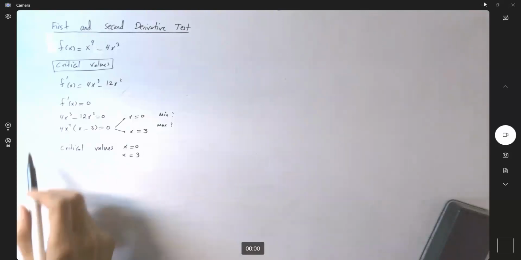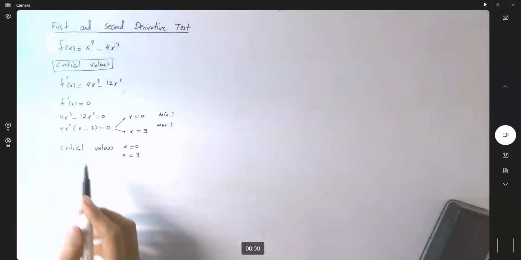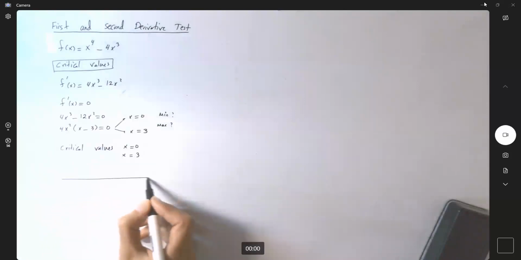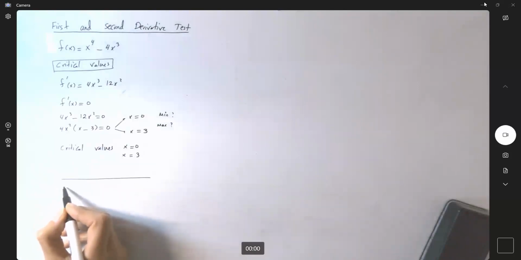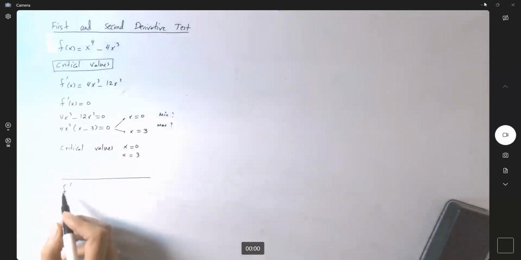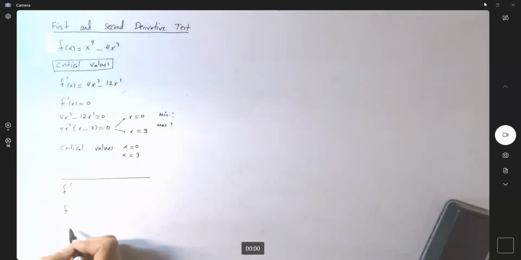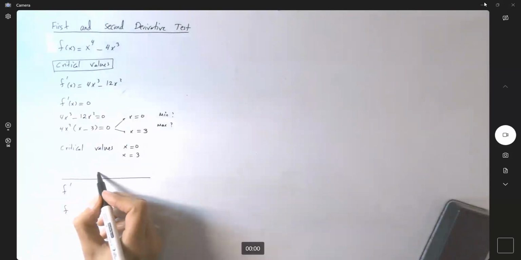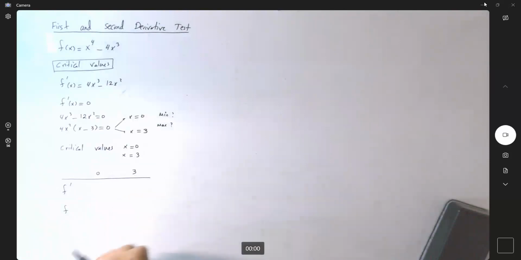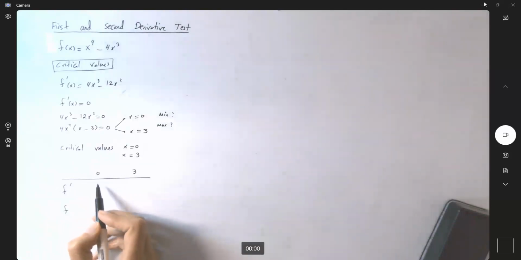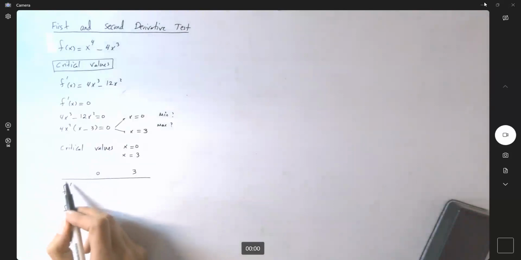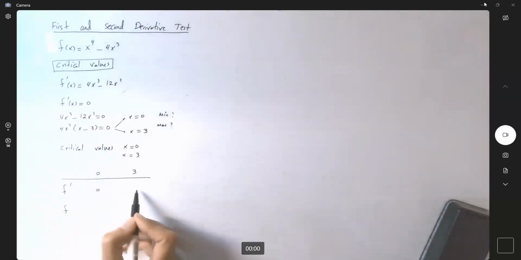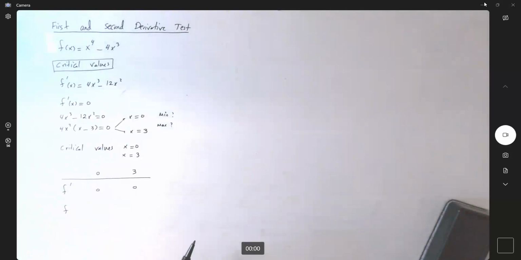Well, we can take a look at the first derivative sign. See that here? This is my f prime, and this is the behavior of function f. And these are the x values 0 and 3. We can plug 0 and 3 into the first derivative, and both give 0.